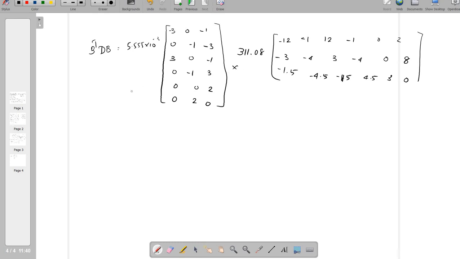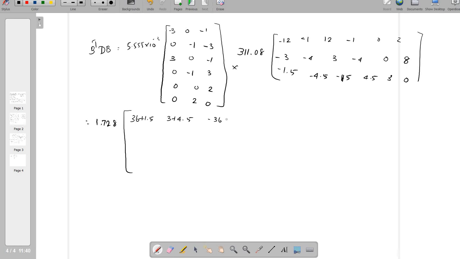When you multiply the constants, it is 1.728. The first row with the first column: minus 3 into minus 12 is 36, the second element is 0, the third element is plus 1.5, so it is 36 plus 1.5. The second column: minus 3 into minus 1 plus 4.5, so 3 plus 4.5.